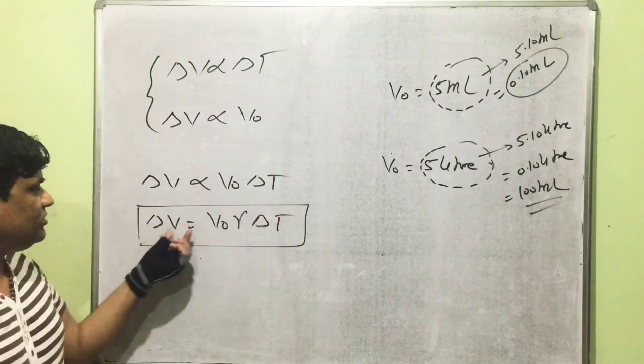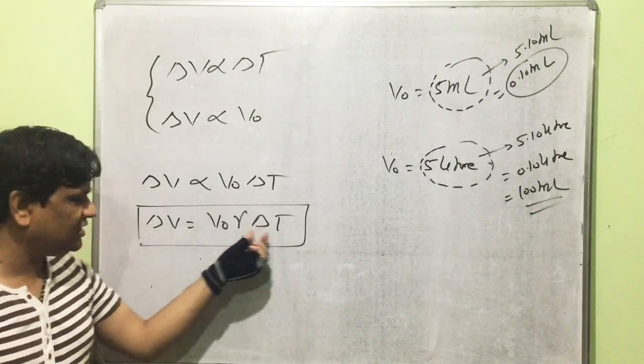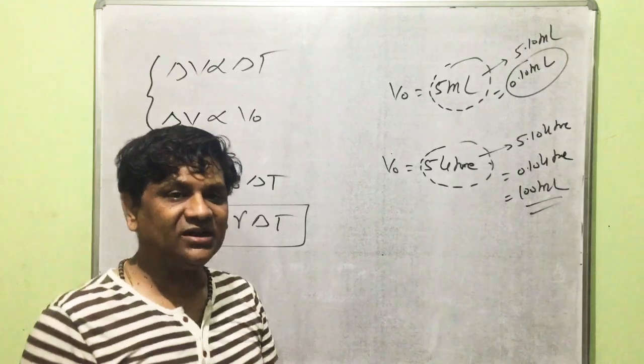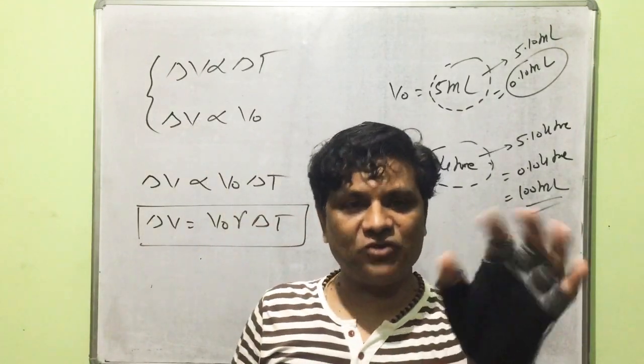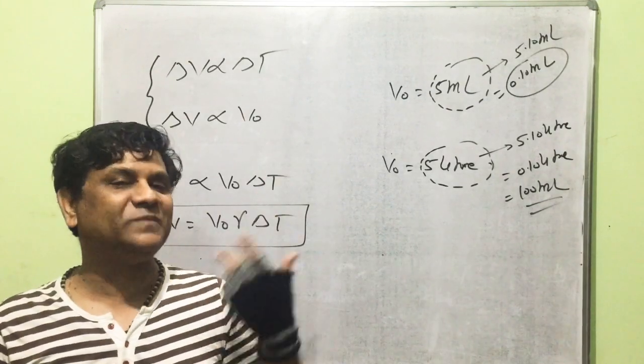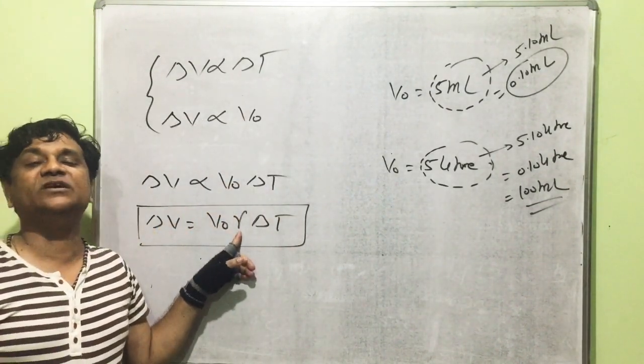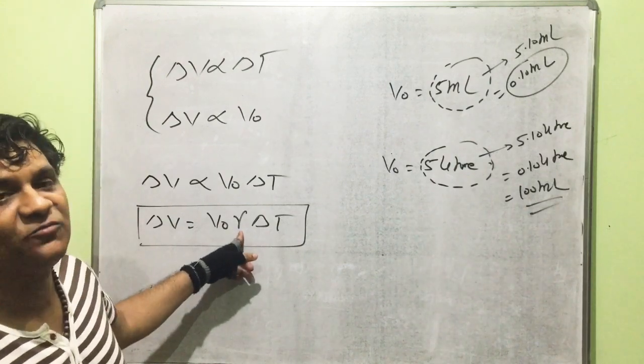Gamma is a constant term, known as the coefficient of cubical expansion of a liquid or coefficient of volumetric expansion of a liquid.